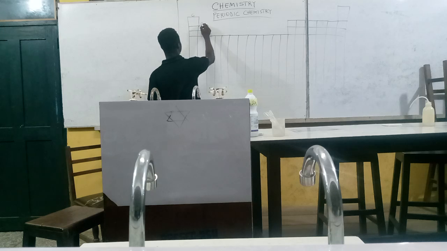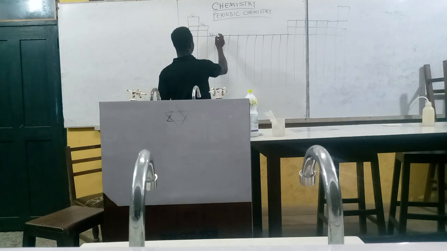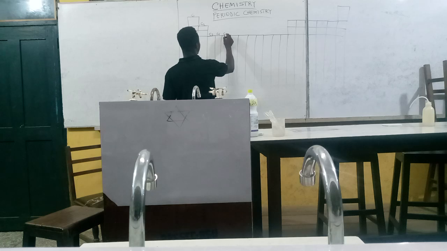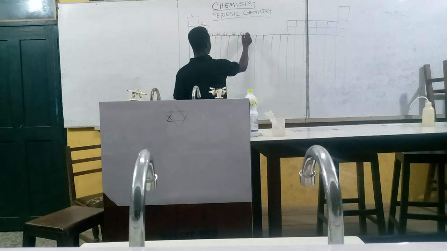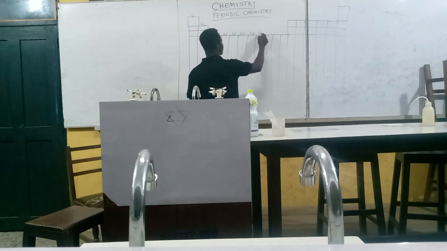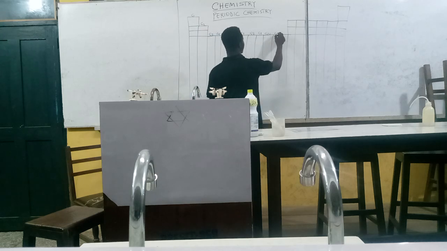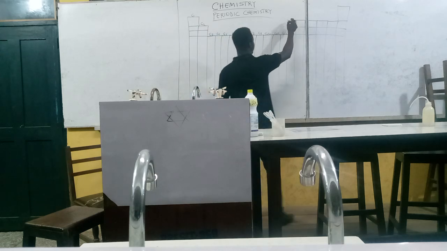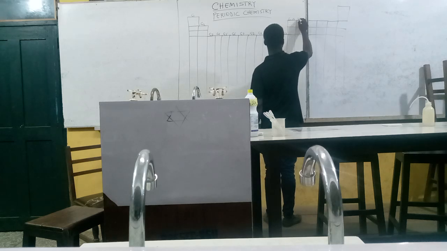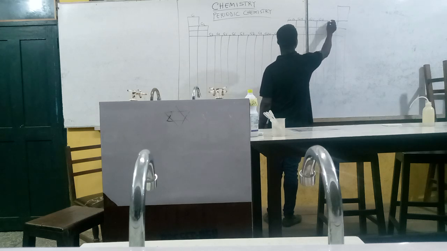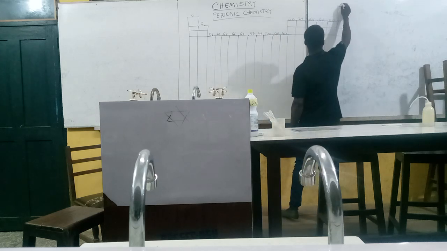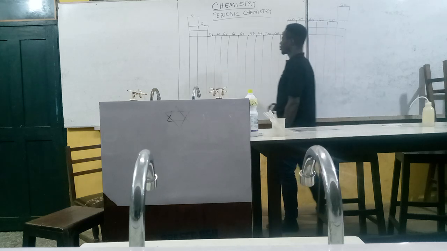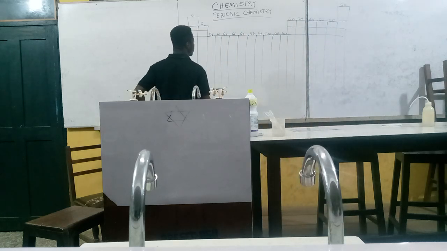So we have group 1, group 2, group 3, group 4, group 5, 6, 7, 8, 9, 10, 11, 12. Then here we have 13, 14, 15, 16, 17, and group 18. These elements have been grouped such that we have period 1, period 2, period 3.